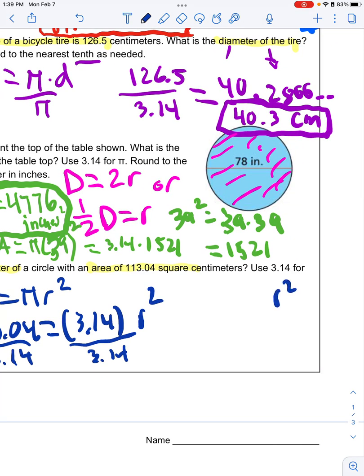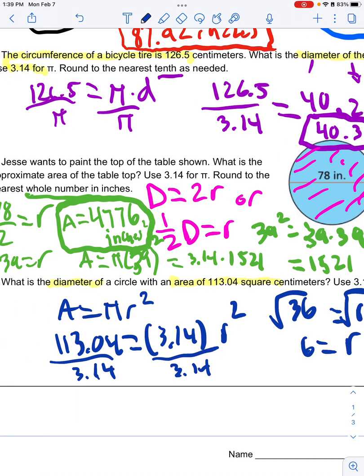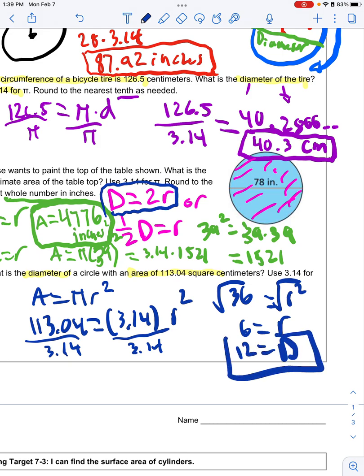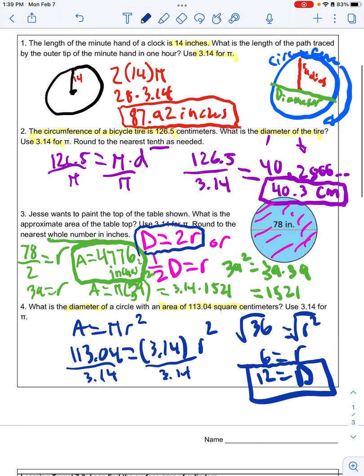I got 36, so r squared equals 36. We don't want r squared, we want r, so we take the square root and we get 6. But the question said diameter, not the radius, so we're going to use this formula here and say 2 times the radius equals the diameter. Therefore, my answer is 12.